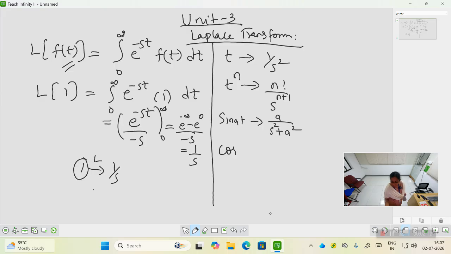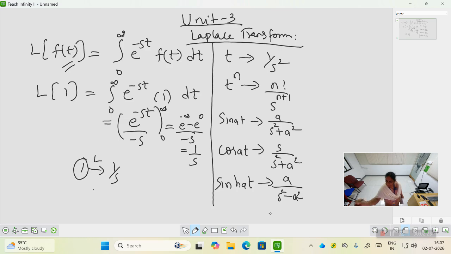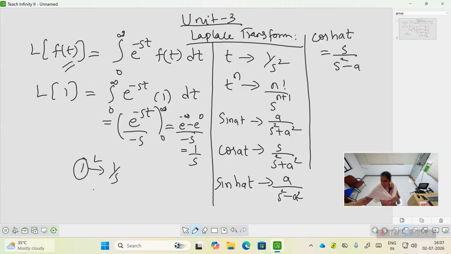Cos at is s by s square plus a square. Sinh at is a by s square minus a square. Cosh at is s by s square minus a square.